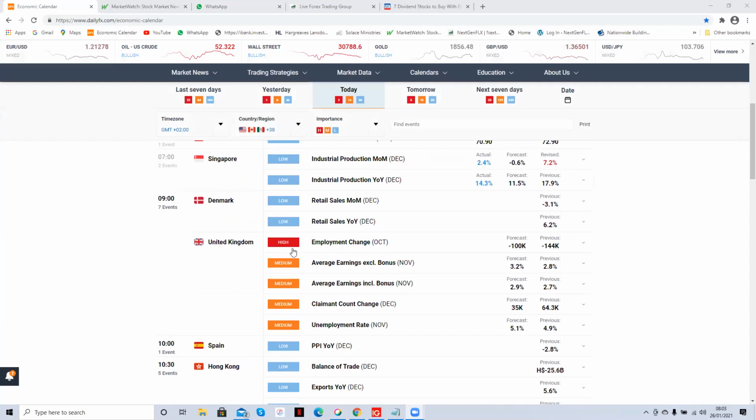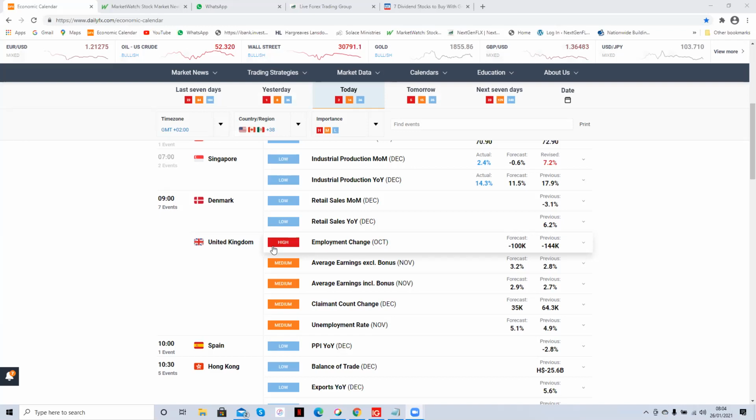And you can see at 9 o'clock, we have the UK employment change, which is a report of high importance. So again, like we said, anything to do with unemployment, gross domestic product, inflation rate or consumer price index, and interest rates, one has to be worried about that. Of course, we're looking at the Euro-US dollar, not the pound, but the UK being the financial capital of the world, one has to be wary trading any market prior to reports of high importance due out from the UK.